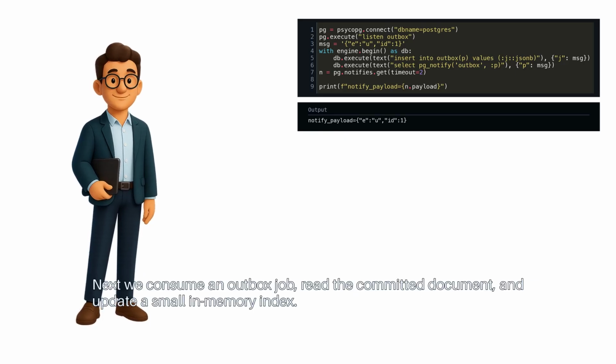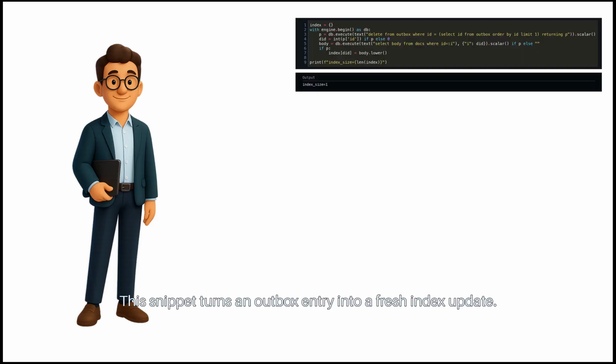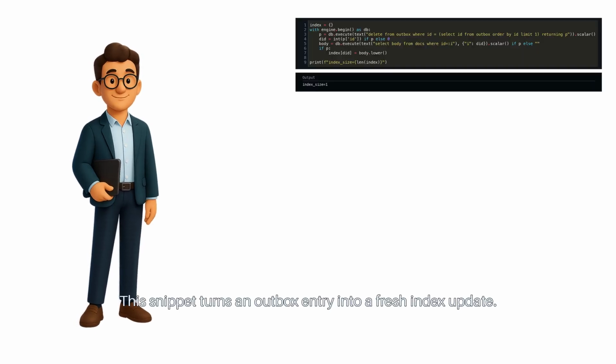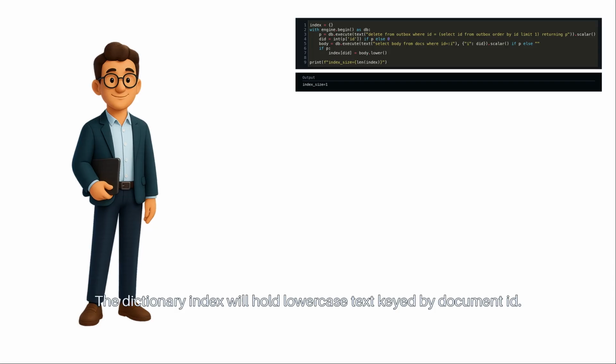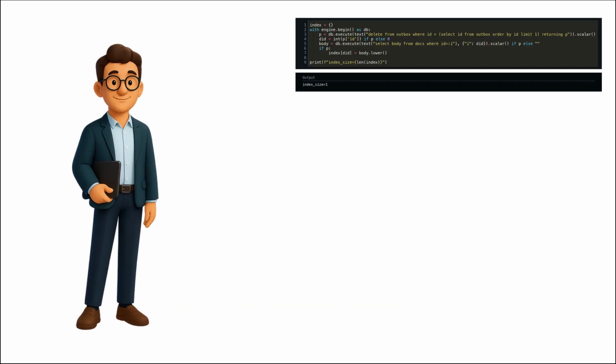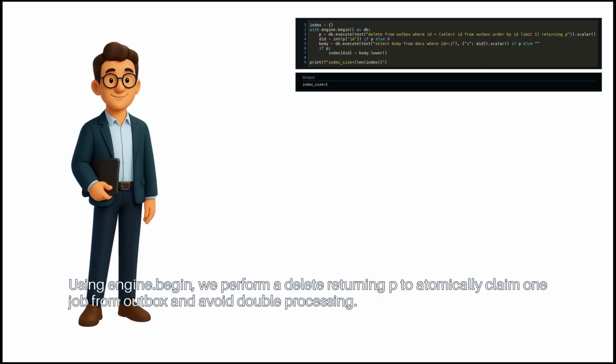Next, we consume an Outbox job, read the committed document, and update a small in-memory index. This snippet turns an Outbox entry into a fresh index update. The dictionary index will hold lowercase text keyed by document ID. Using engine.begin, we perform a DELETE RETURNING p to atomically claim one job from Outbox and avoid double processing.